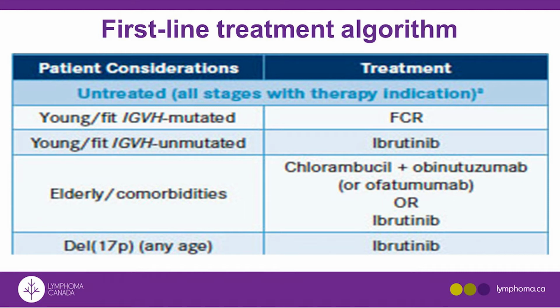So if the IGVH status is mutated and you're reasonably healthy, and that usually means that you don't have a lot of other organ damage, other sicknesses. That usually means being less than about 70 years old and not having a lot of comorbidities like heart disease or kidney disease. We use a regimen called FCR, which can be toxic, but it's very effective for this group of patients.